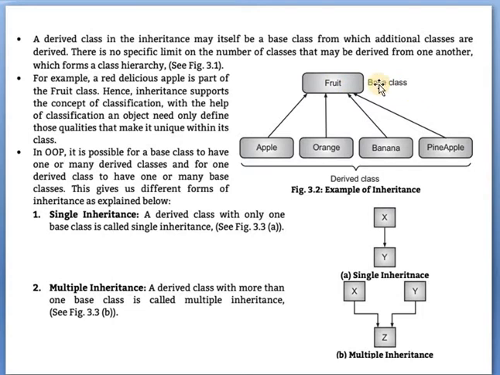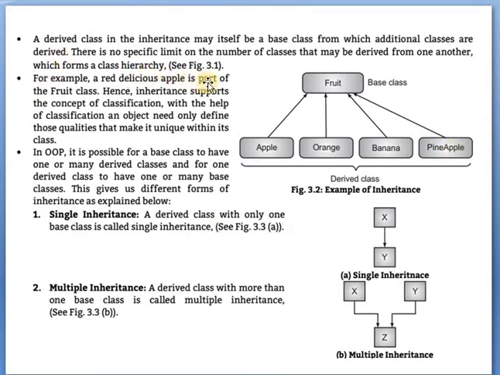Now see the example. This is a base class, fruit. The fruit class has some common features: fruits are sweet, fruits have some color, also taste. These are some features of the fruit class, and all are inherited into the subclasses or derived classes.